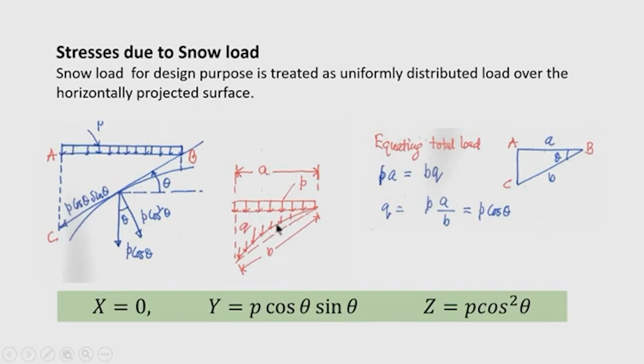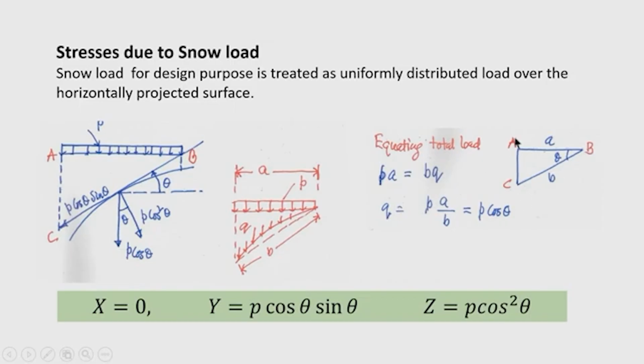Suppose on an element the total load will remain constant. If A is the horizontal length of this, then P into A equals, say this is the curve length, arc length for example, B into Q. So Q becomes P into A by B. Now from this triangle it can be seen that A by B is equal to cos theta.